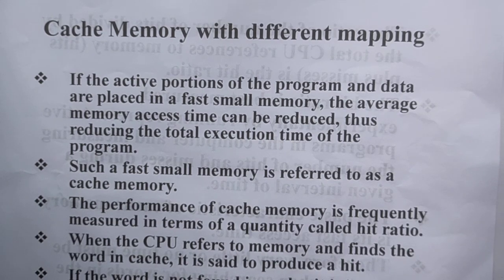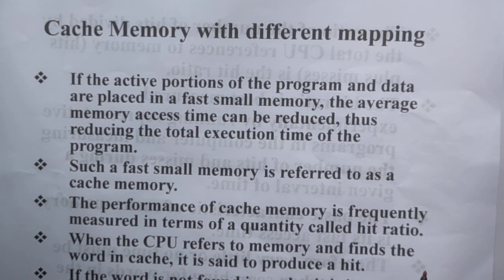And if the active portions of the program and data are placed in a fast small memory, the average memory access time can be reduced, because whenever we operate on any data, we have to search where the data is available.